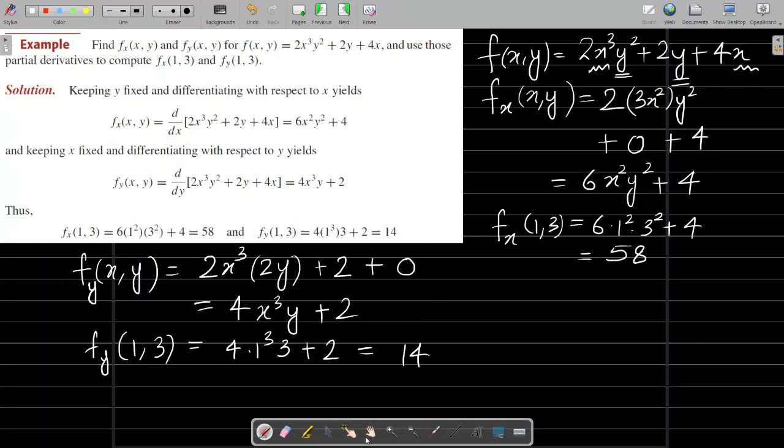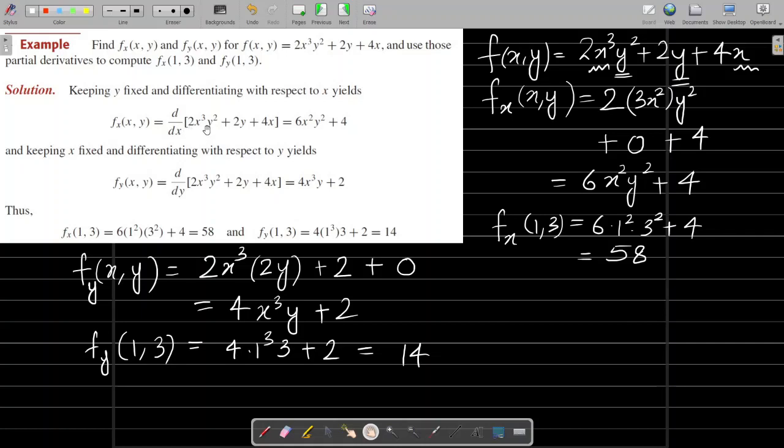So these concepts are discussed in this question here. Find fx of xy and fy of xy for this function and use those partial derivatives to compute fx of 1, 3 and fy of 1, 3. Now keeping y fixed and differentiating with respect to x yields something like this. So we are differentiating with respect to x, considering y as a constant.